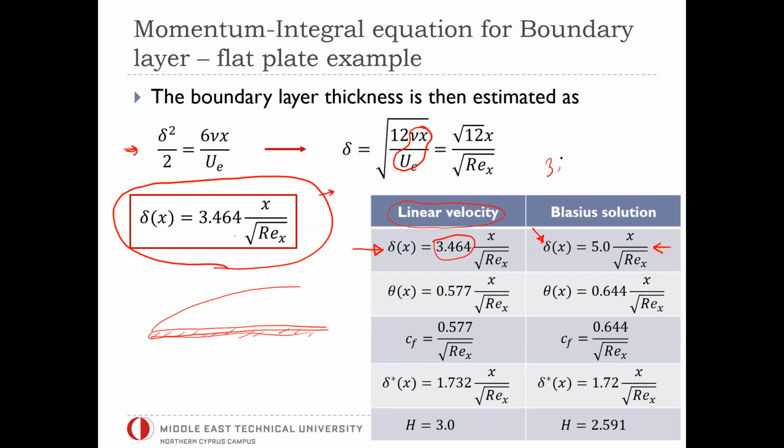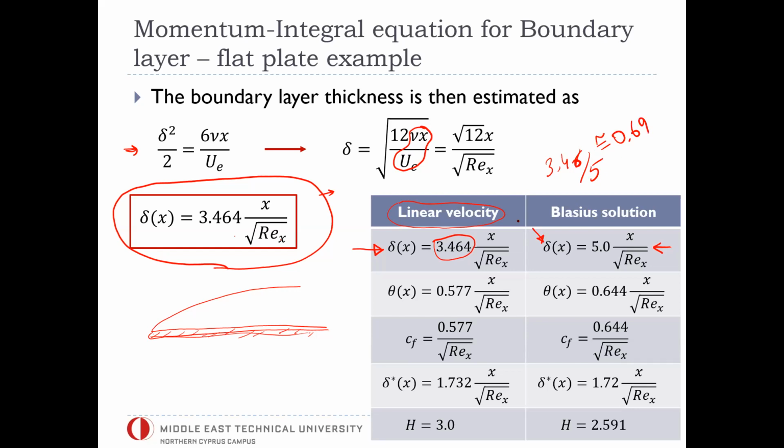So 3.46 over 5. If one of you can calculate this number, I can tell you how much less the estimation is going to be. I don't have my calculator right now. 0.69, approximately.